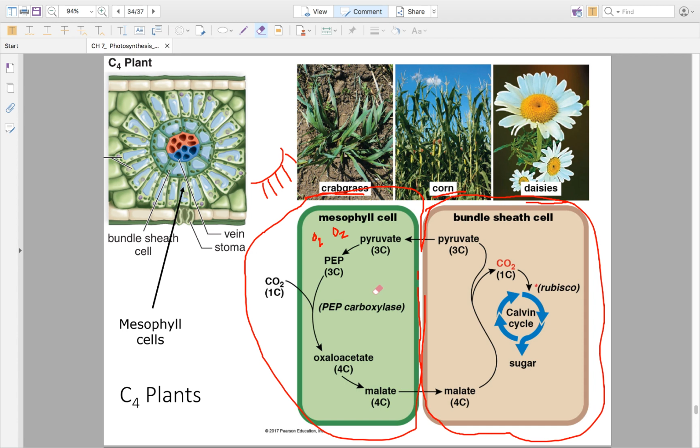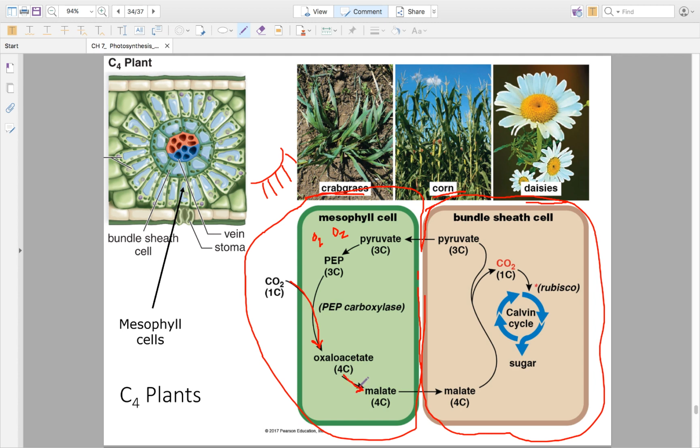So what they do is this. They make sure they have plenty of CO2 to make plenty of sugar. They bring in their CO2 and alter it slightly. Instead of running it right into the Calvin cycle like a C3 plant, they convert it temporarily into a C4 molecule.